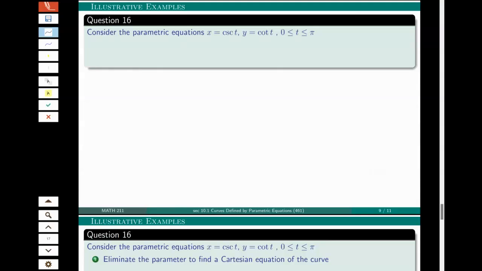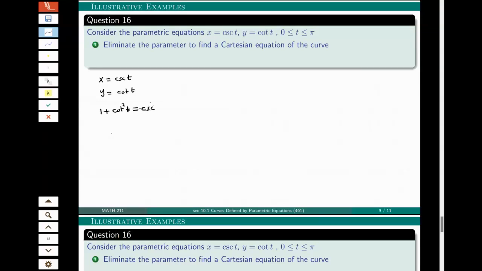Question number 16. Here we have, again, eliminate the parameter to find the curve. So we have x equal to cosecant t, and y is equal to cotangent t. We know in Math 2, 1 plus cotangent squared of t is equal to cosecant squared of t.